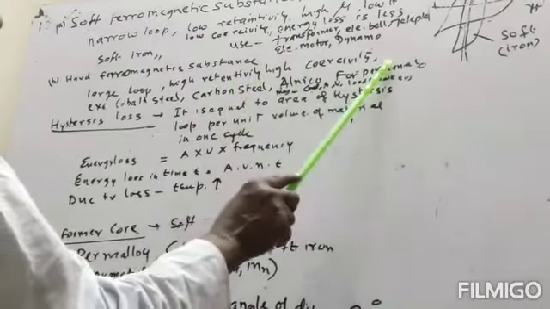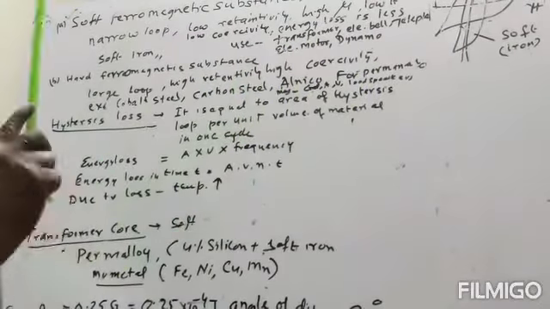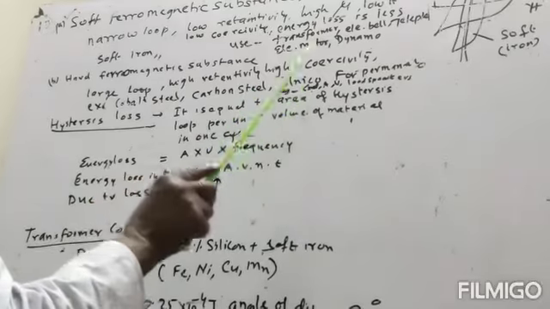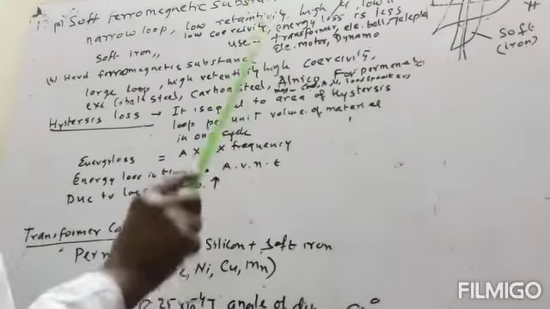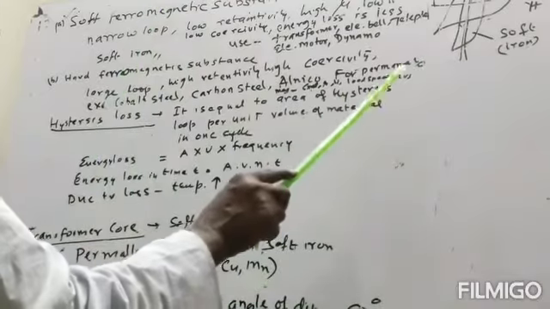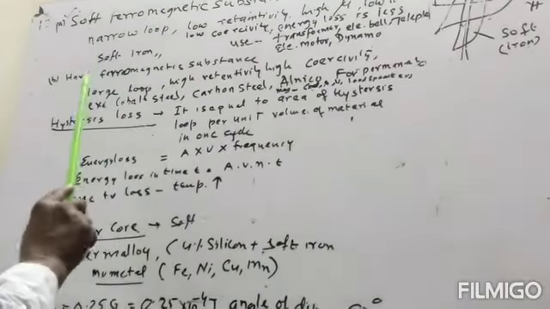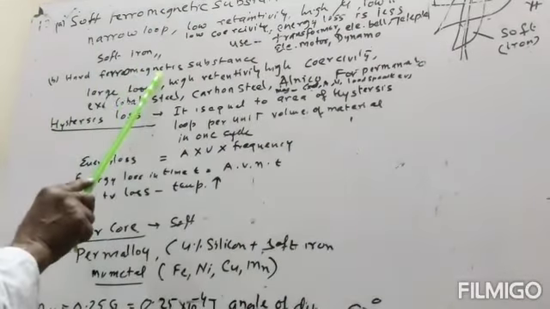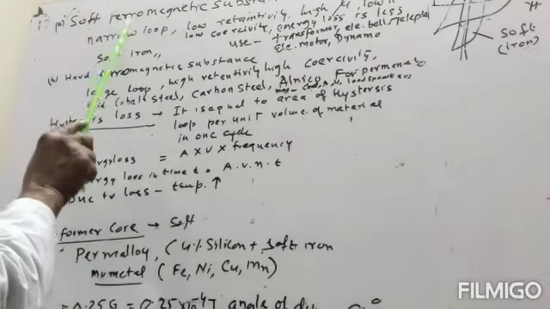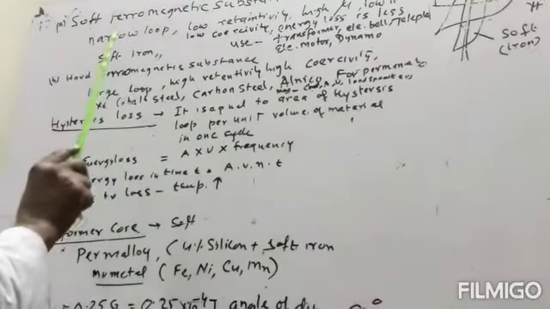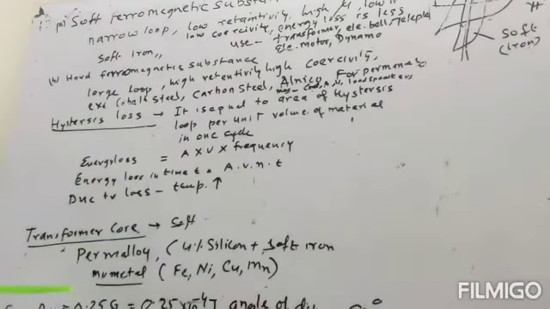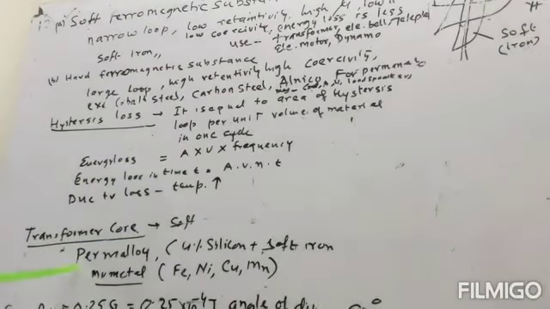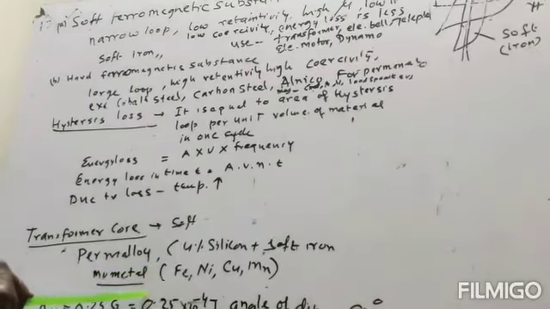So permanent magnets are used in the galvanometer, ammeter, loudspeaker, where permanent magnets are used. We will use the hard ferromagnetic substance. When we use a temporary magnet, then we will use the soft ferromagnetic substance, like soft iron, permalloy or mu metal.